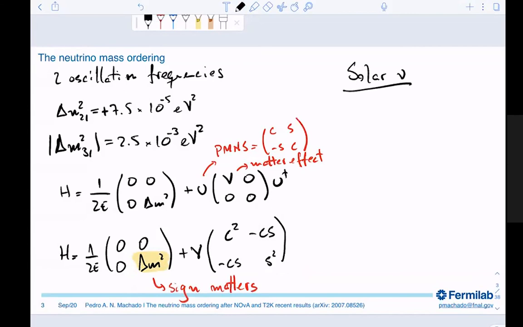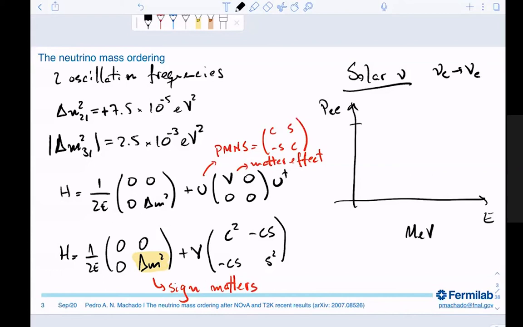So now what you do is that you look at solar neutrinos. And in solar neutrinos, well, life's a little bit complicated, so I'm not going to go into detail here. But what you see is something like this. You have the probability that a nu-E remains a nu-E. And these neutrinos have energies around the MeV scale. And this probability goes like this, where this region here is dominated by oscillations in vacuum.